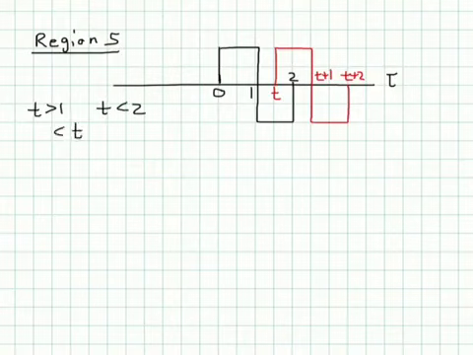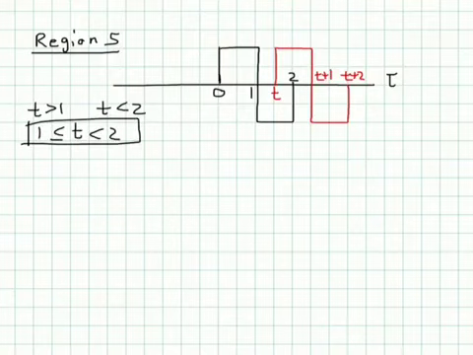Right? So t is between 1 and 2 in this region. And in this region, if I do the sketch of x of tau, and then multiply that by h of t minus tau, the resulting sketch that I get looks like this.